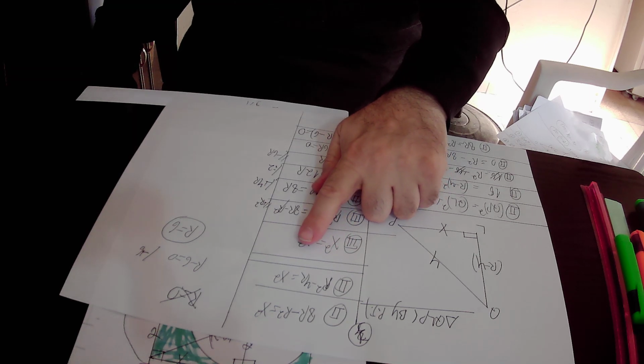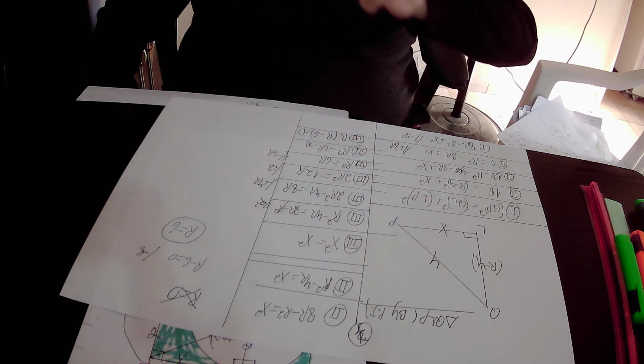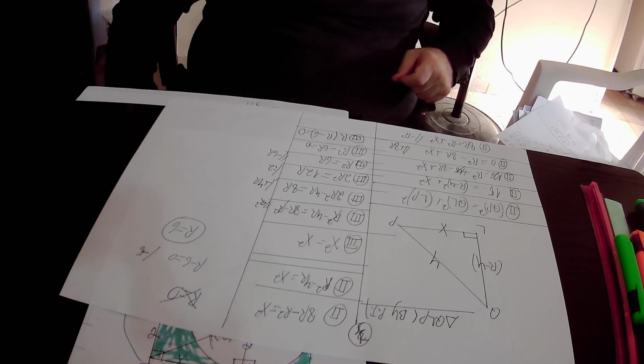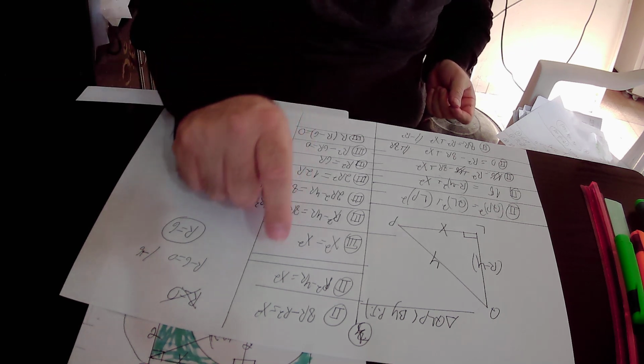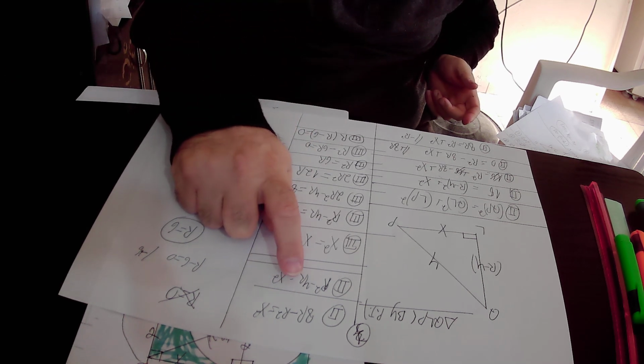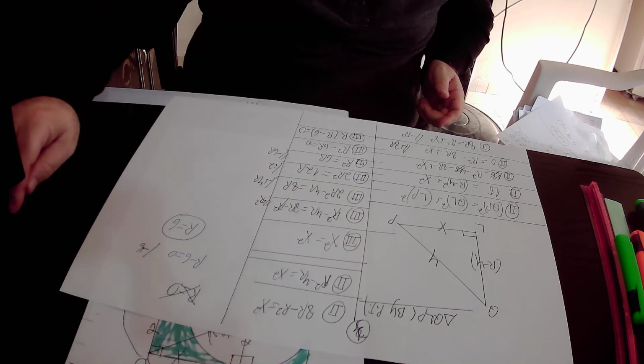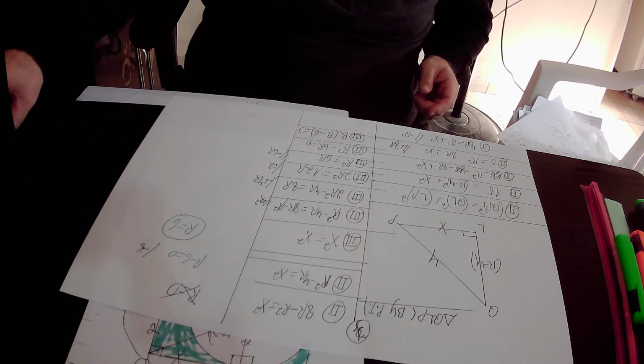According to equation number 1, we found that x squared equals r squared minus 4r, while according to equation number 2, x squared equals 8r minus r squared.